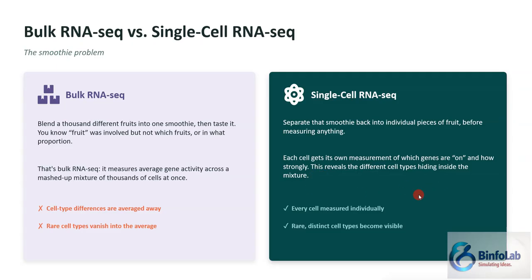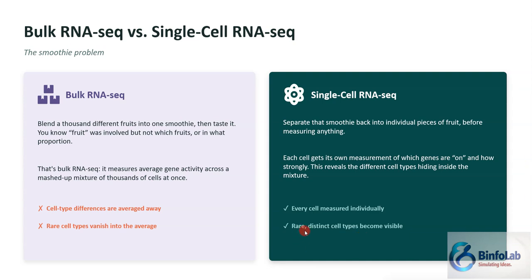Compared to bulk RNA sequencing, in single cell RNA sequencing every cell is measured individually, and as a result there are higher chances that rare or distinct cell types will not vanish and will become visible.